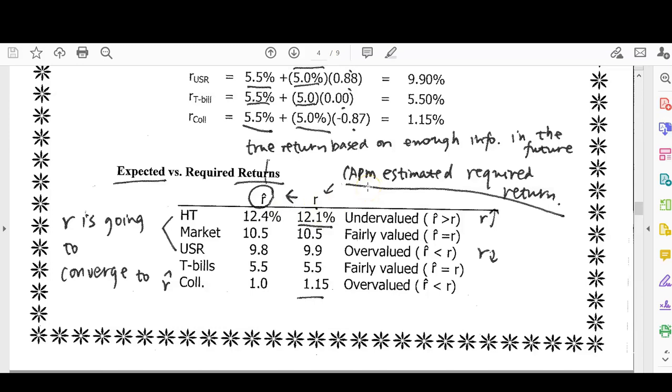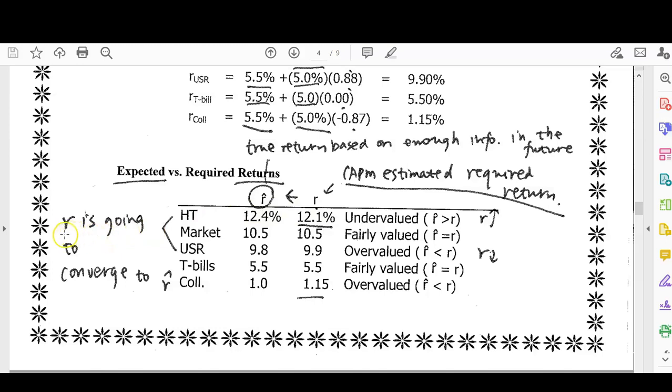We get the beta first for the assets, and then we use the estimated future risk-free rate and market risk premium and the estimated beta to calculate the model estimated required rate of return. So these two returns are different. One is estimated from the model, another one, R hat, is the true return.